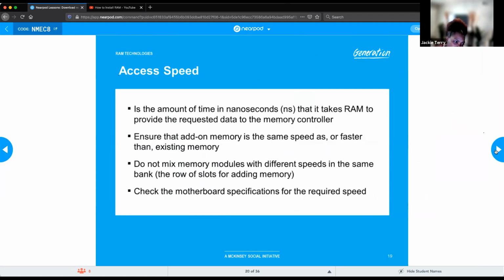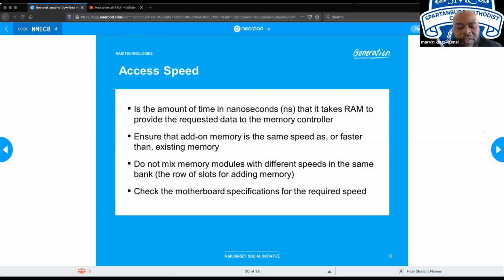Do not mix memory modules with different speeds in the same bank, the row of slots for adding memory. Check the motherboard specifications for the required speed.